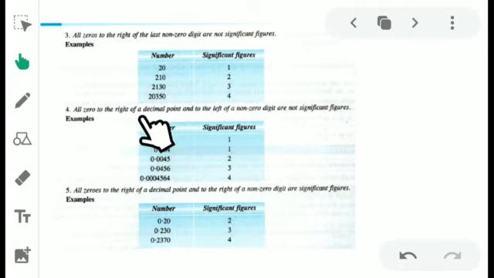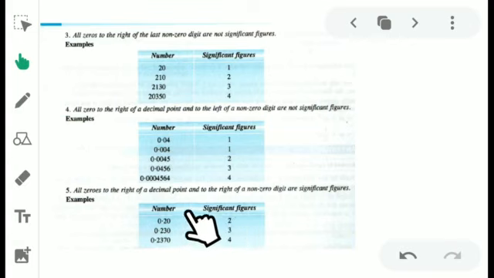All zeros to the right of a decimal point and to the left of a non-zero digit are not significant. See here 0.04. This zero is also not significant. Here 2 zeros are there. This is also not significant.